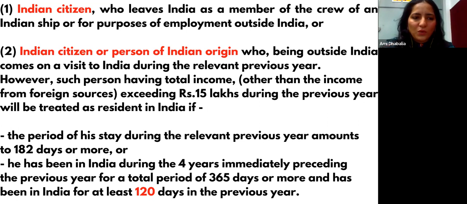So if you are an Indian citizen, let's say you live in Australia and you come to India, and obviously your Indian income is more than 15 lakhs, then suppose you stay in India for 150 days, in that case you are a resident. But if you stay in India for 100 days, then you're a non-resident. Okay. So these are the two exceptions.